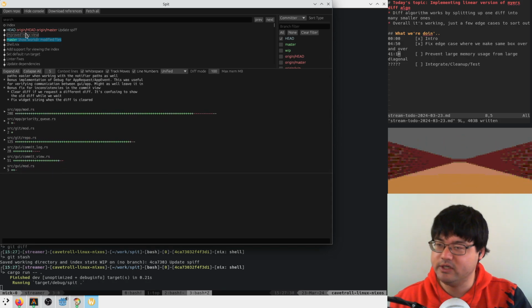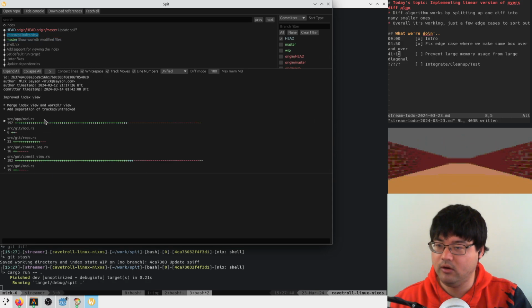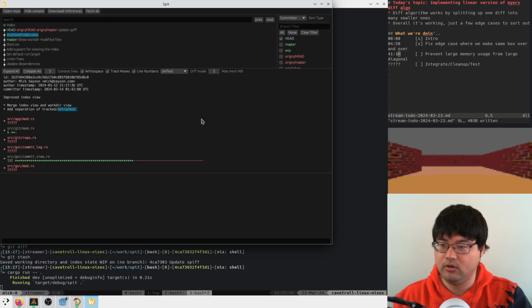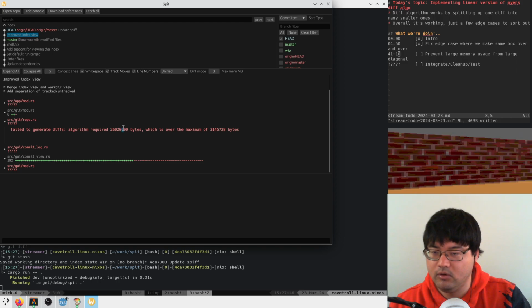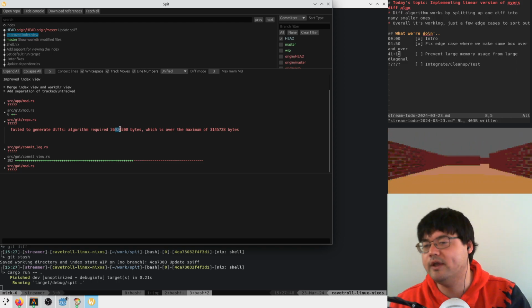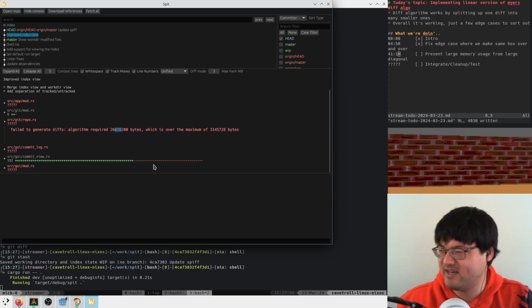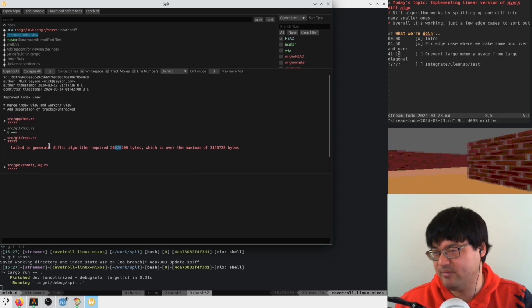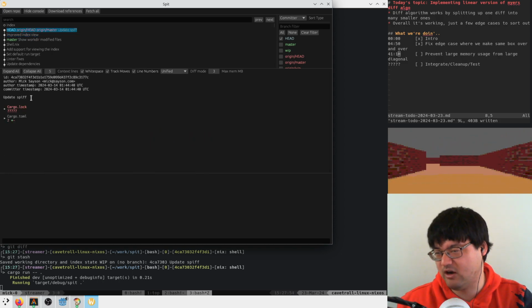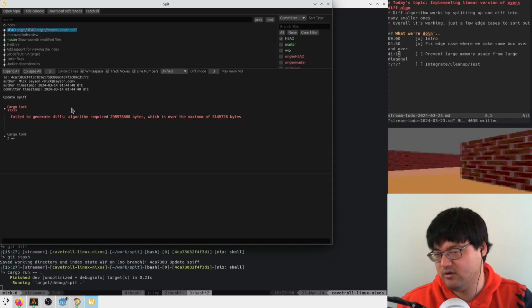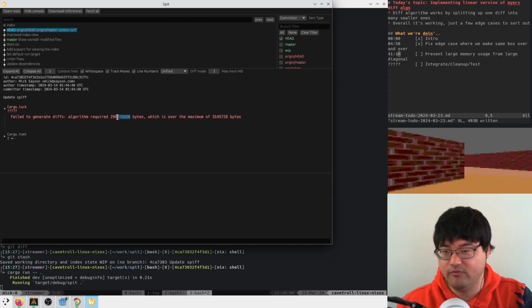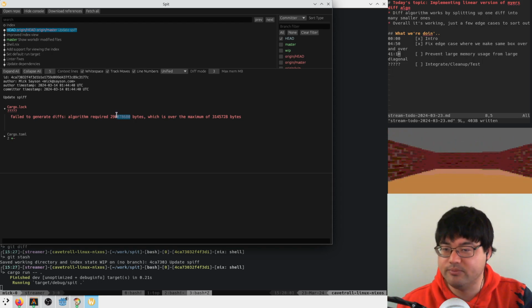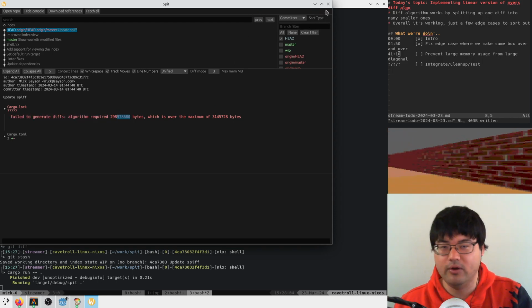Is it not rebuilding? Is that why? 1, 2, 3. Oh no, okay, so we have reduced from like 26 megs down to 4, which isn't great, but it's not terrible. This one needs 1, 2, 3, 4, 5, 6. This is 300 megs with the old way.